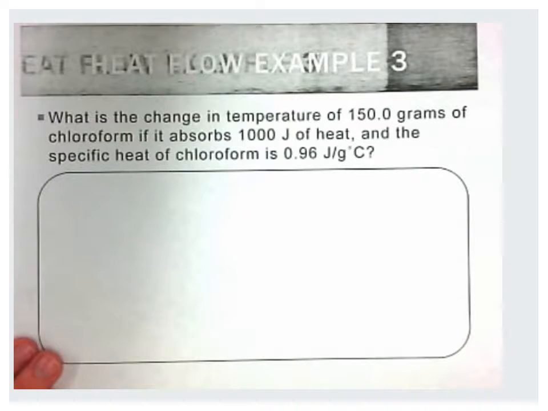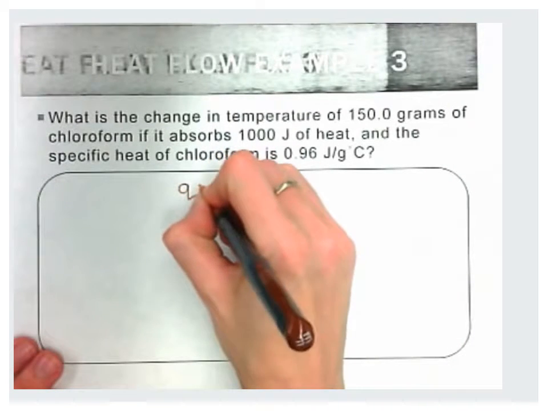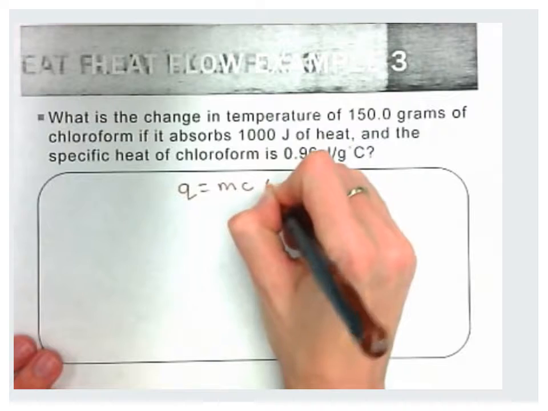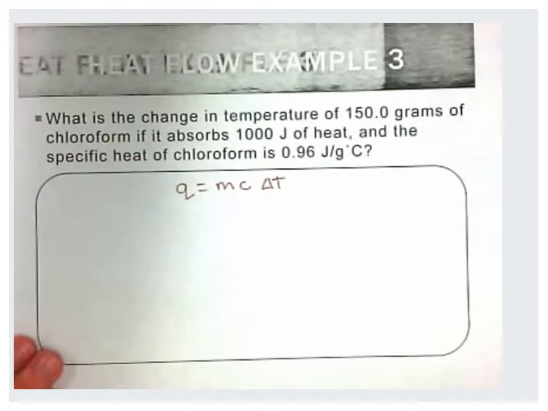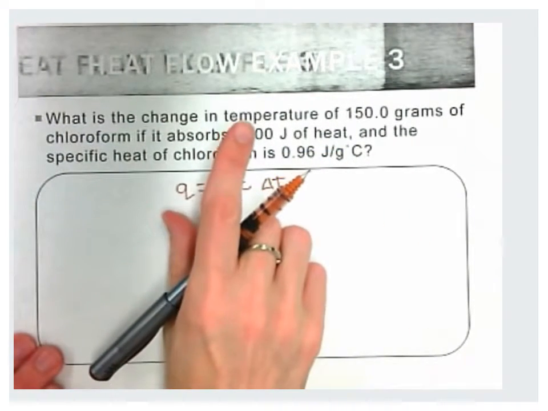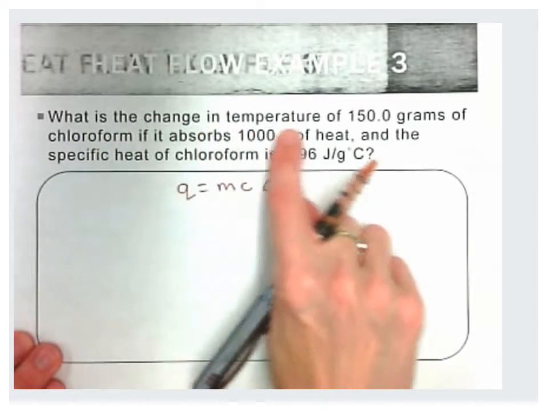Alright, now, last version we're going to try right now. Same equation, Q equals MC delta T. But what am I given this time? Let's read the problem statement. What is the change in temperature?